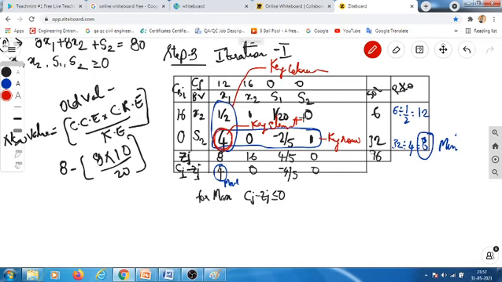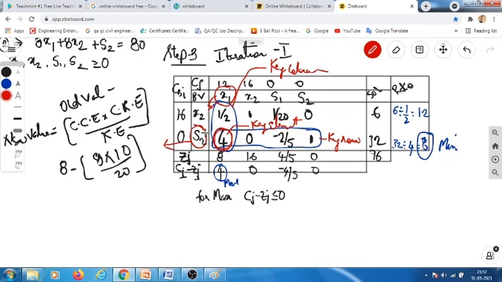So again, we need to find the entering variable and the exiting variable. Look over here at the column. So now what is our entering variable? X2 enters in, S2 leaves out.